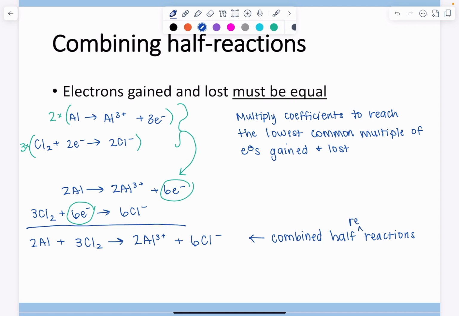This is the redox reaction, and it is balanced. The balancing has to do with both the atoms and the electrons when we're balancing a redox reaction.